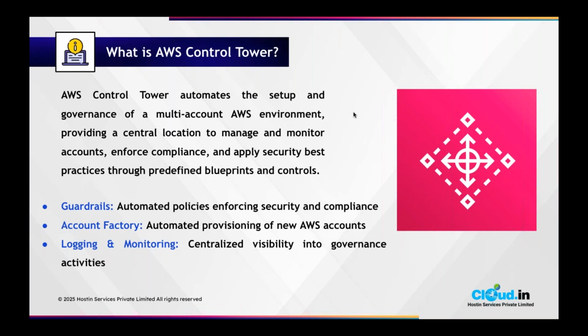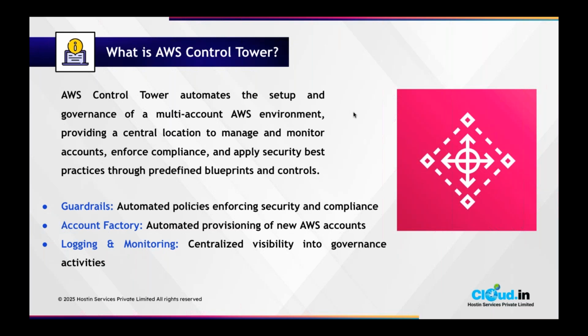The next service that you can integrate for monitoring with Control Tower is AWS Config. It continuously tracks AWS resource configuration, and it also detects non-compliant changes. Next question is, why does this matter? Without proper monitoring, security incidents can go unnoticed.